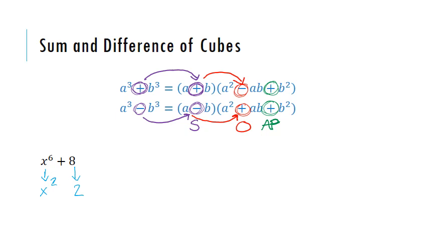So to factor this, we're going to say that we've got a plus b, so a and b in all of this is just the cube roots respectively of the front and the back, just like we had the square roots when we were doing difference of squares.